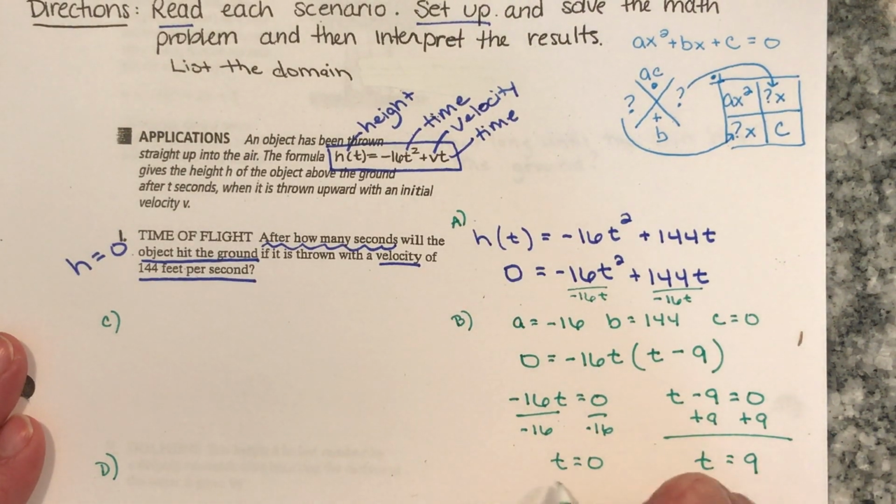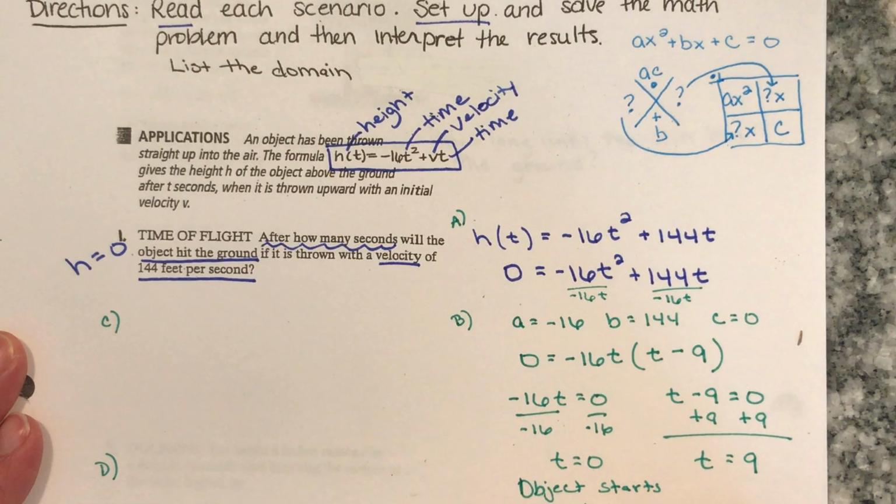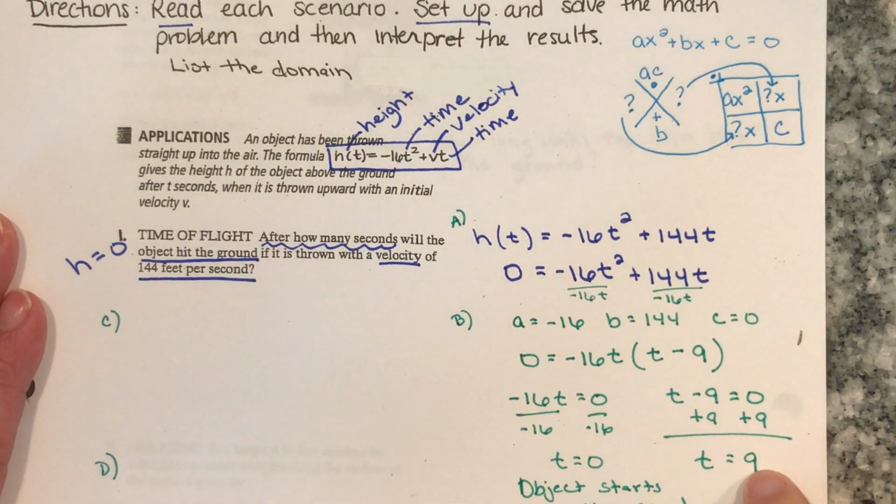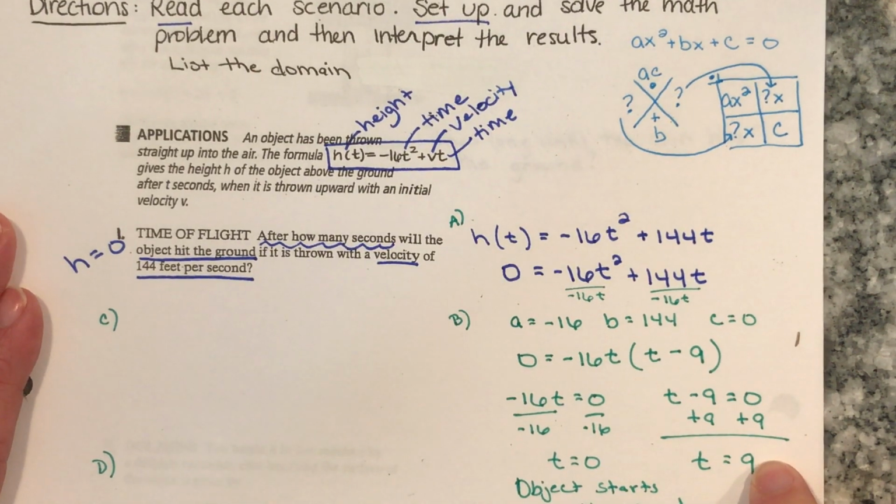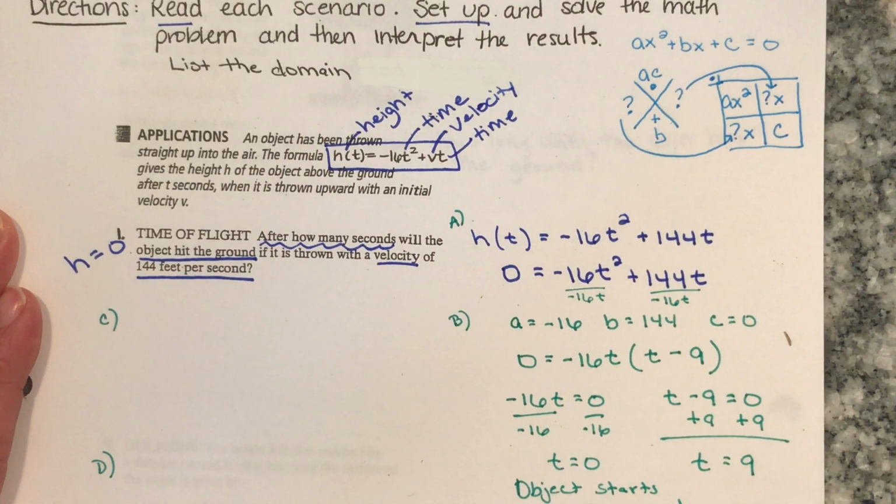So this means the ball or object starts on the ground. And the other one, this means 9 seconds have passed. So in 9 seconds, the ball will hit the ground again.